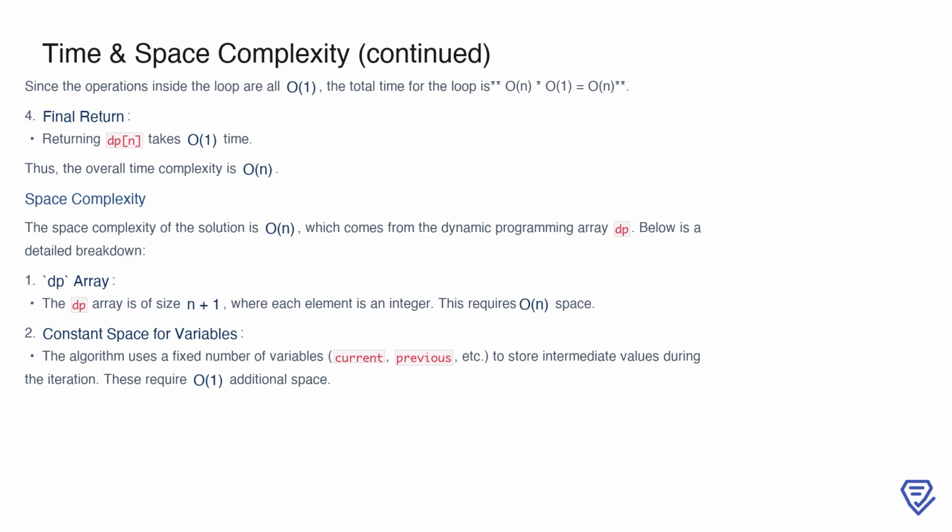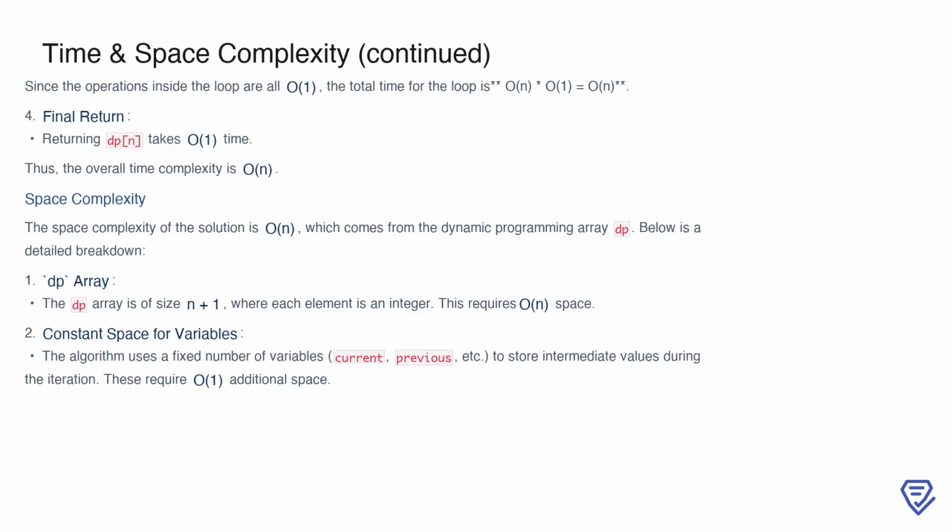Finally, at the end of the algorithm, we return the value stored in dp[n]. This return statement is an O(1) operation. When we combine all the steps, the overall time complexity of the solution remains O(n). Now, looking at the space complexity, the dominant factor is the dp array, which has a size of n plus 1. Storing this array requires O(n) space.